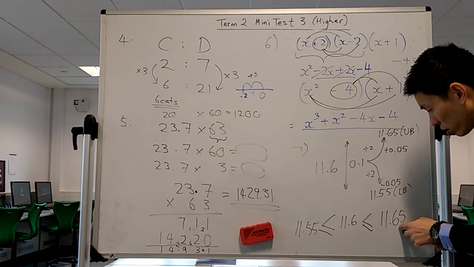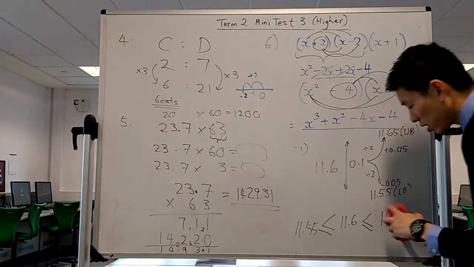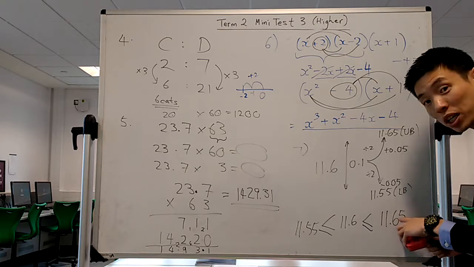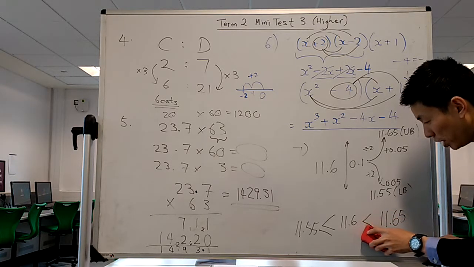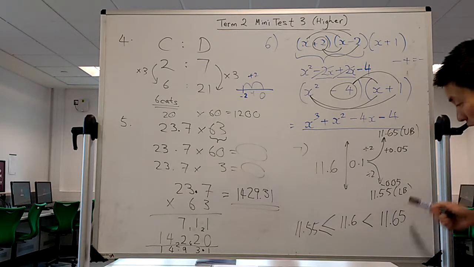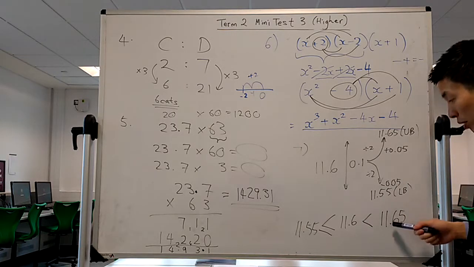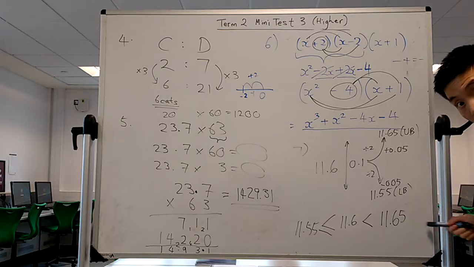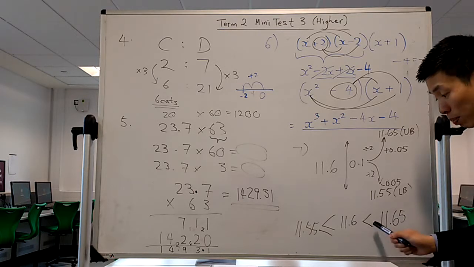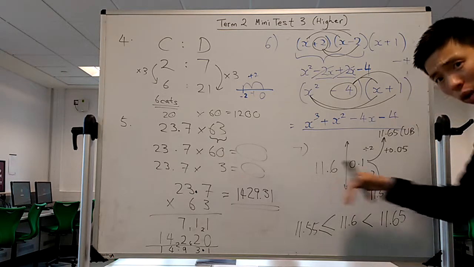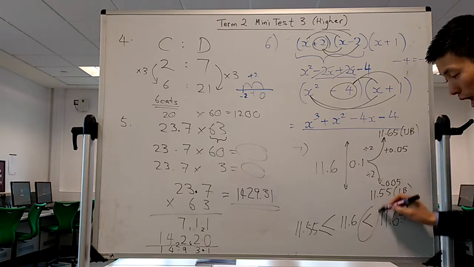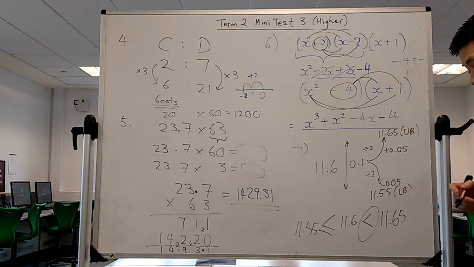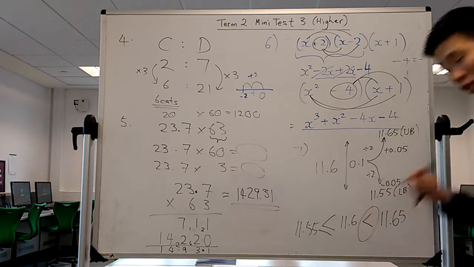So in other words, that upper bound has to be less than 11.65. It can't be equal to. So it doesn't include 11.65, but 11.649999999. That's the best way to have all the numbers less than 11.65, by changing that inequality sign. So that was where the error was in the past, but nobody has mentioned it at all.